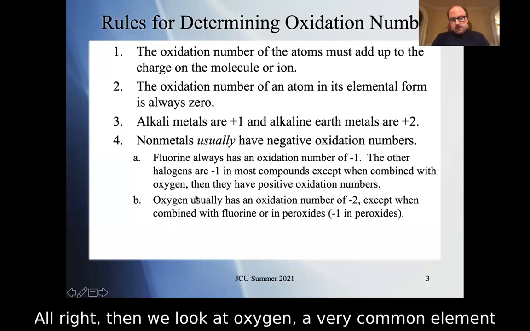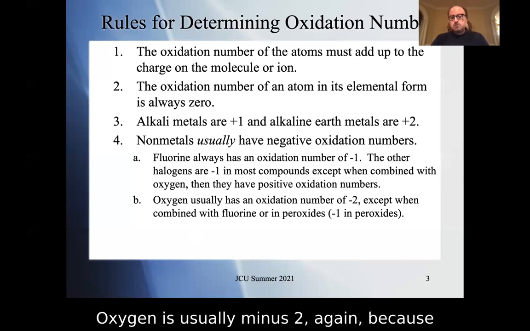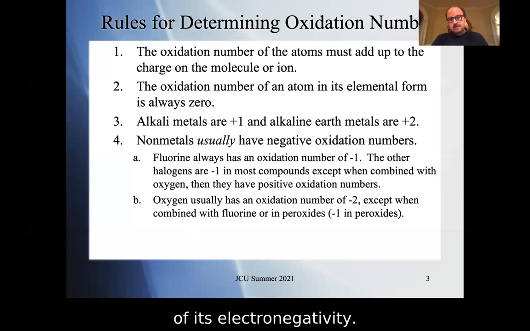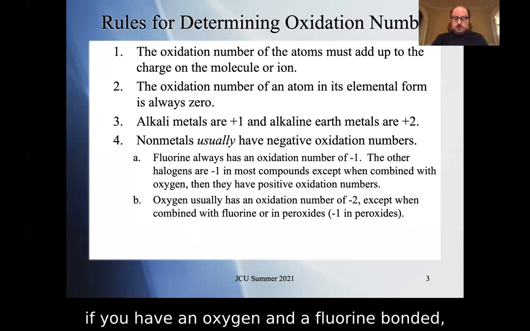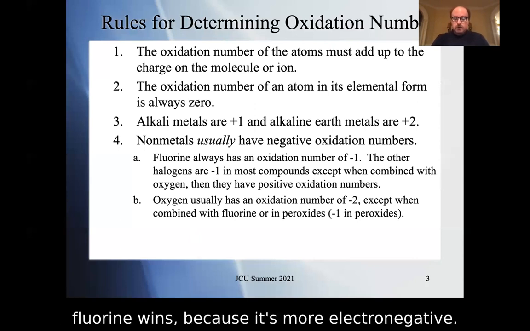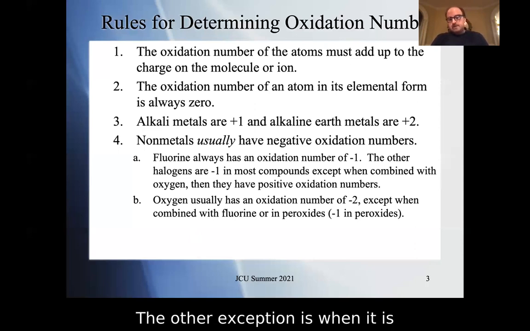All right, then we look at oxygen, a very common element in many compounds. Oxygen is usually -2, again, because of its electronegativity. The two exceptions being if it's combined with fluorine. So if you have an oxygen and a fluorine bonded, fluorine wins because it's more electronegative. The other exception is when it is in something called a peroxide.